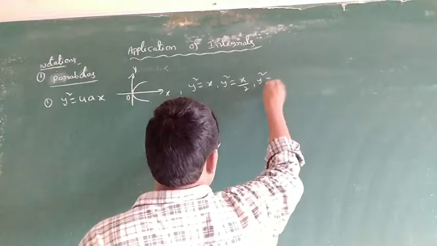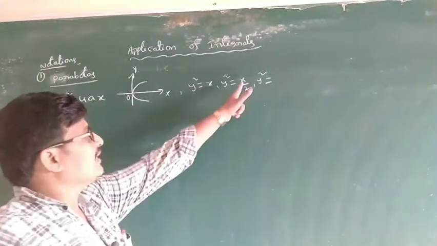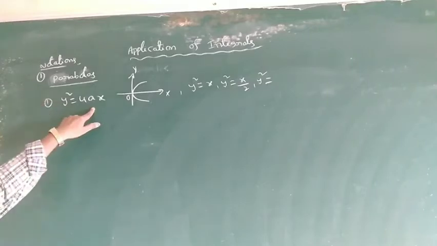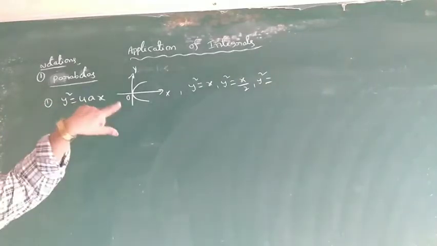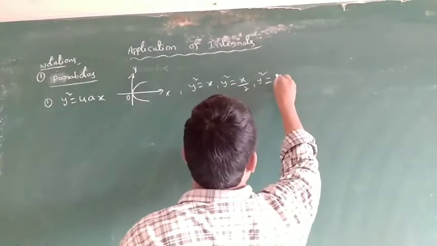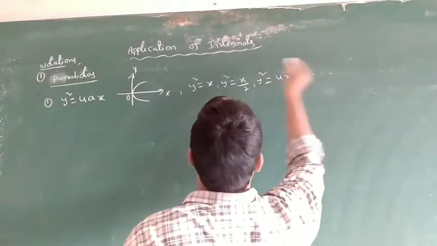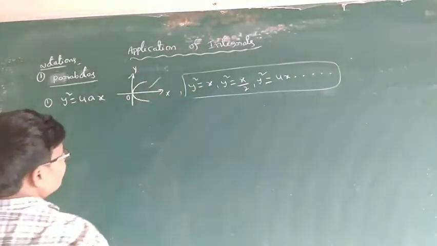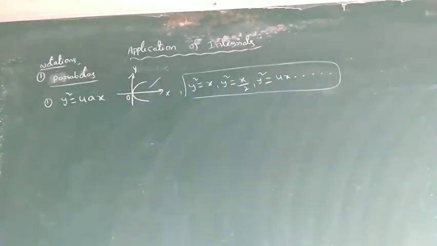Y square and x are important. The constant 4a has so many different types: 4a is equal to 1, 2, 3 and so on. Y square is equal to 4x and so on. These are all the same parabola.